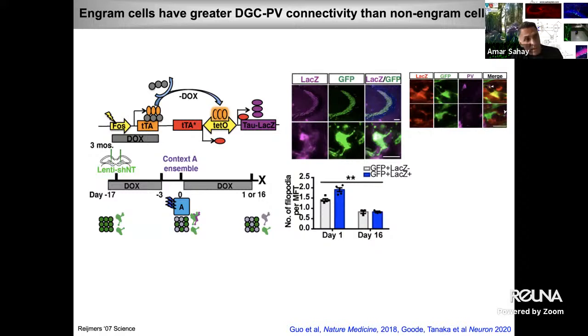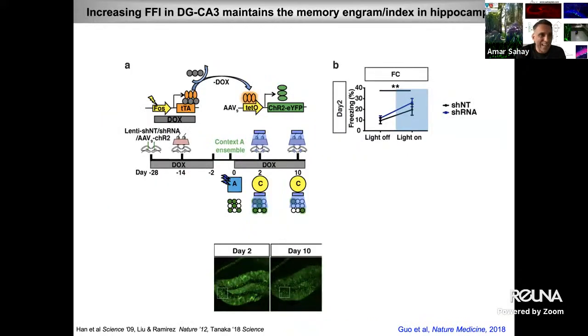So this motivated us to ask, well, if we now artificially increase the connectivity between granule cells and parvalbumin inhibitory neurons, can we prolong or maintain the engram or the index in the hippocampus?